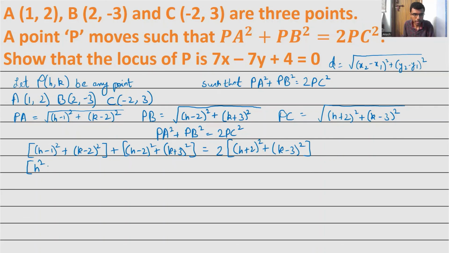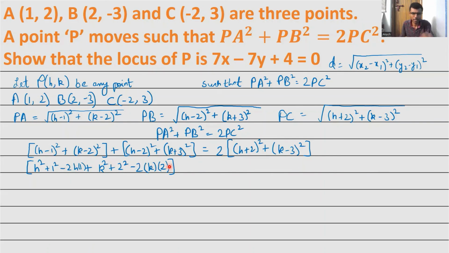First one would be h square plus 1 square minus 2h, that is 2 into h into 1. If I write systematically, this would be k square plus 2 square minus 2 into k into 2. So basically I'm writing a minus b whole square in the format a square plus b square minus 2ab.